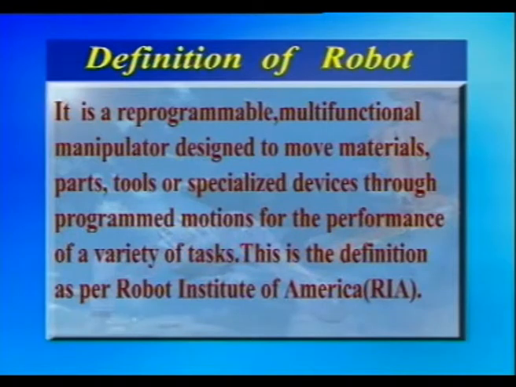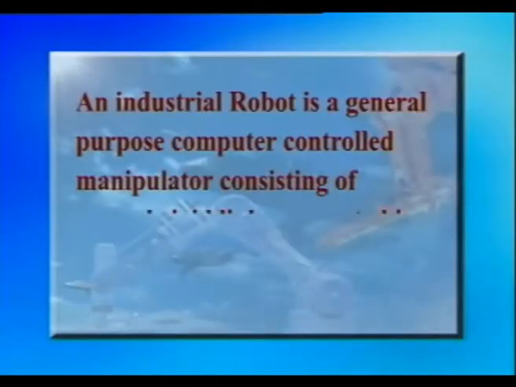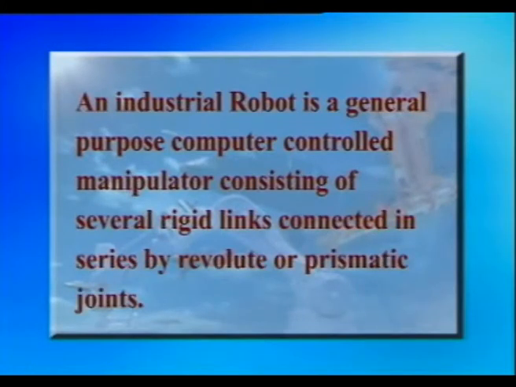This is the definition as per Robot Institute of America. An industrial robot is a general purpose computer controlled manipulator consisting of several rigid links connected in series by revolute or prismatic joints.